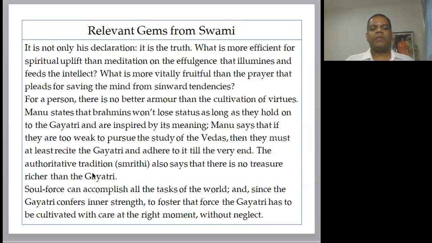The authoritative tradition, Smriti, also says that there is no treasure richer than Gayatri. Soul force can accomplish all the tasks of the world. And since the Gayatri confers inner strength to foster that force, the Gayatri has to be cultivated with care at the right moment without neglect.